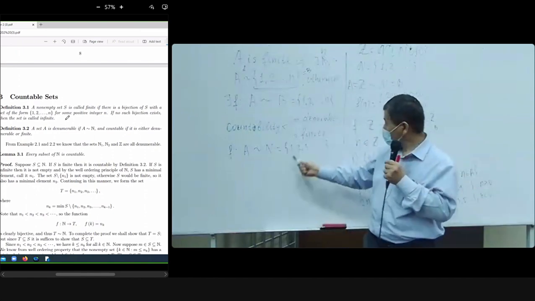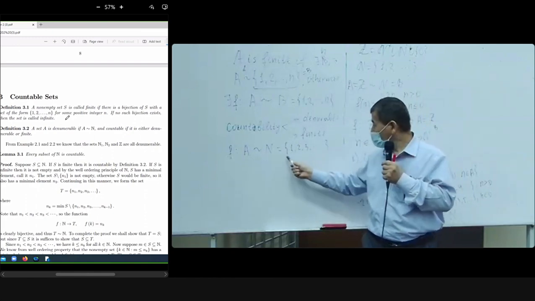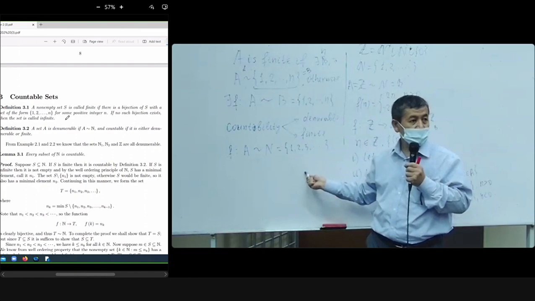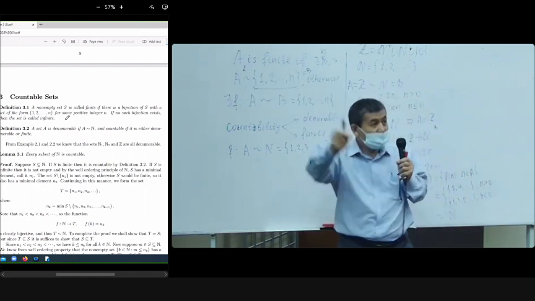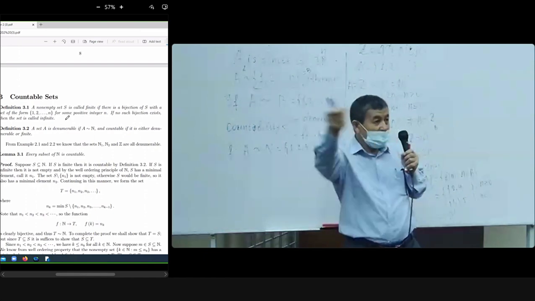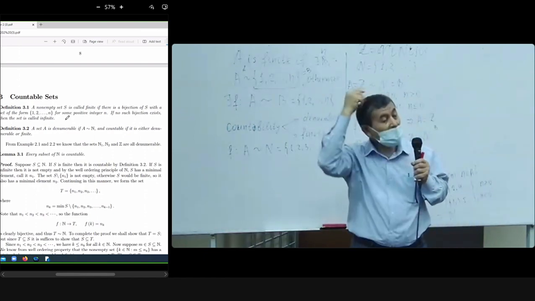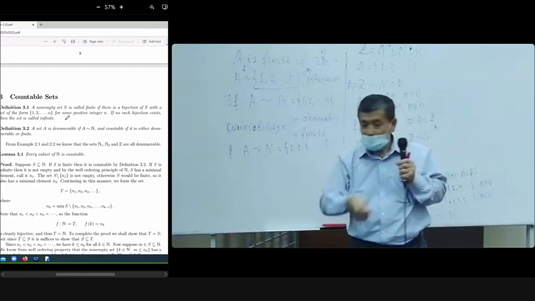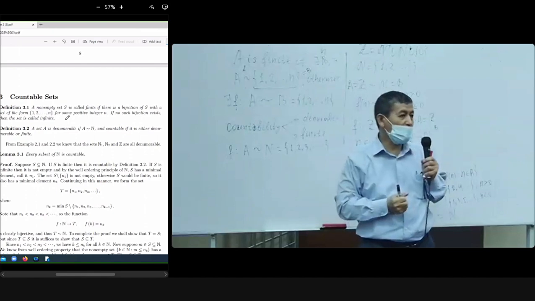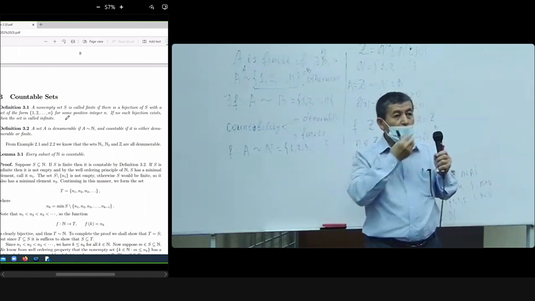Why? Because I can find a bijection function with an infinite set. N actually is not finite, it has infinitely many elements. This one is infinite, yet it can still be counted, but of course you have to find the bijection function between them.